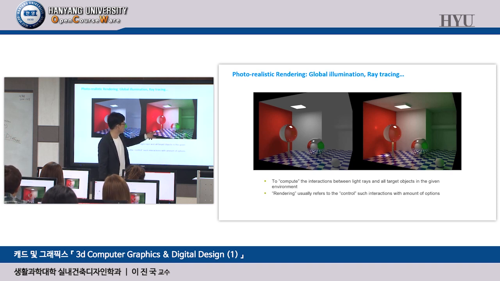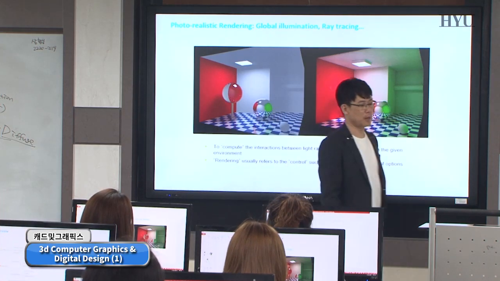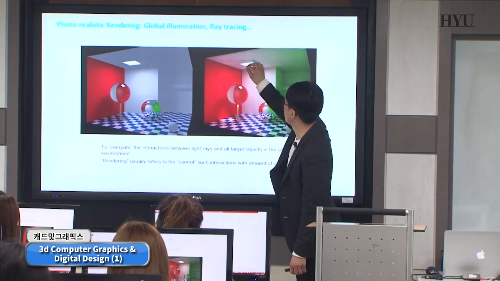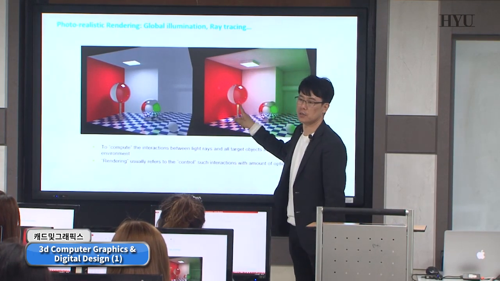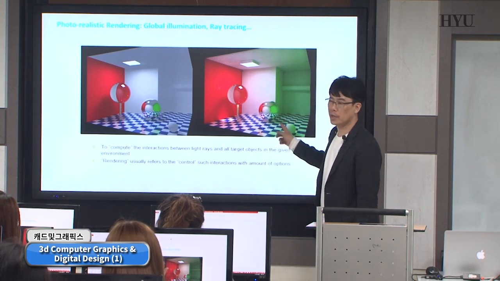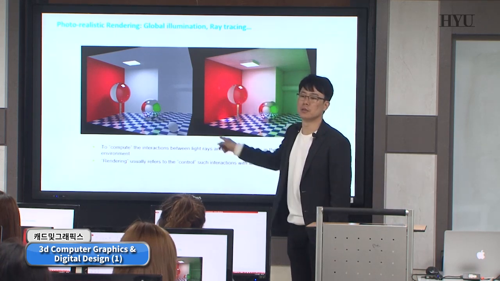How about this one? If this is a crystal ball, this is caustics. This is a real interaction between the lighting source and this object. That's why this one is global illuminated based upon ray tracing, so-called photorealistic.